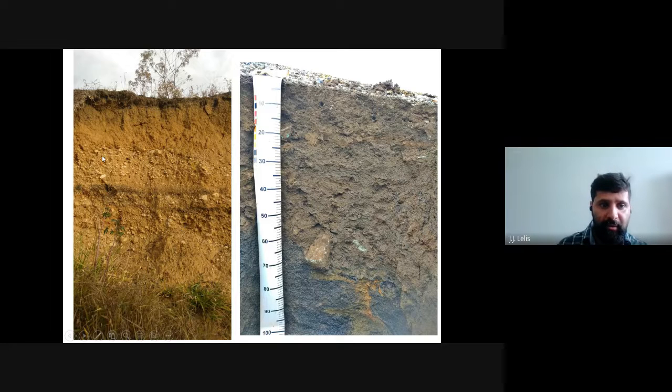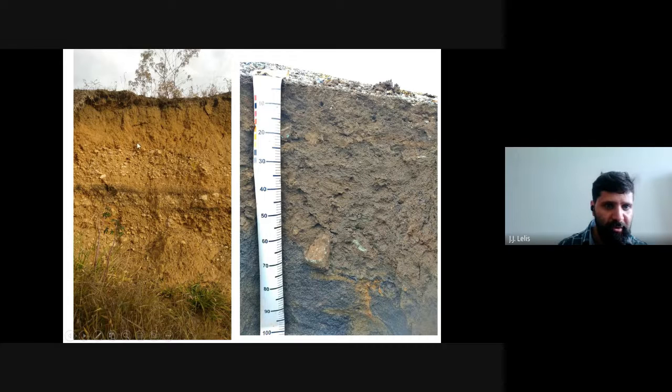In the soil, it's quite easy to see also these buried sandstones, so we can see a lot of quartz grains here, some dark layers that probably are related to buried A horizons, okay? And we can see here another material that is not so rich in quartz grains.